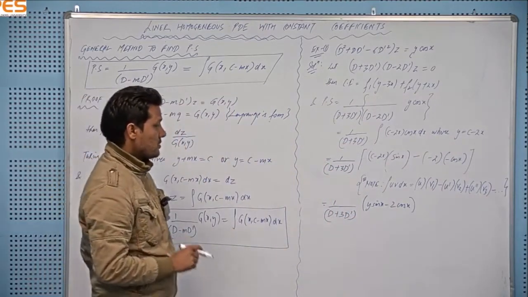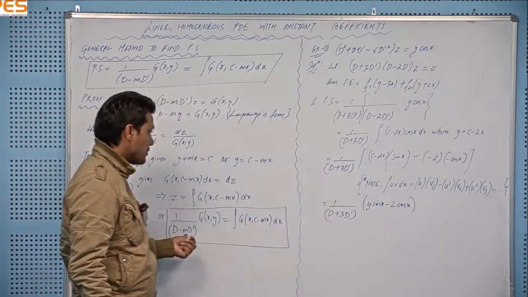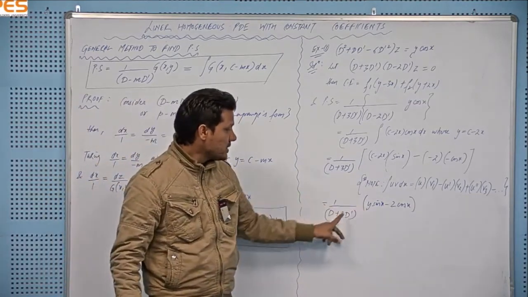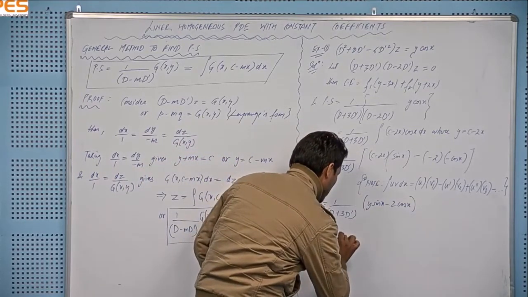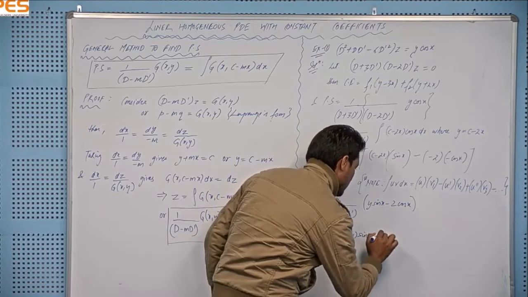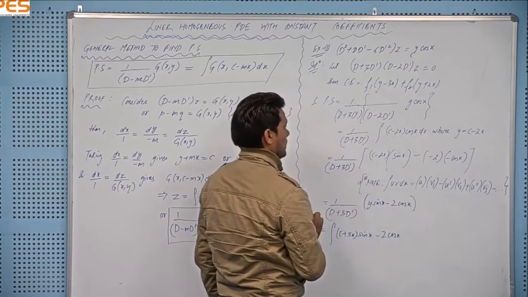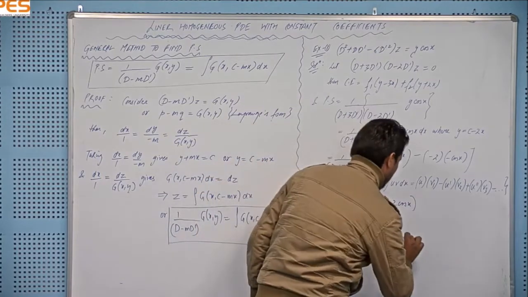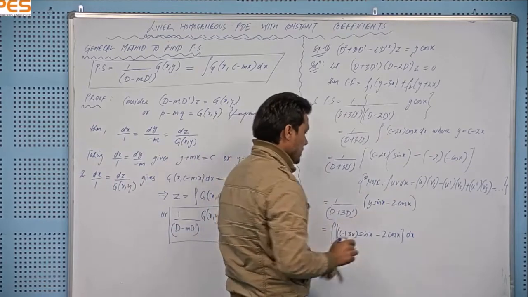Now here comes another factor, D plus 3D dash, and again you have to apply this formula, but this time y will be replaced by c plus 3x, and integrating 1, c plus 3x, sin x minus 2 cos x, right, and dx, and y is replaced by c plus 3x.